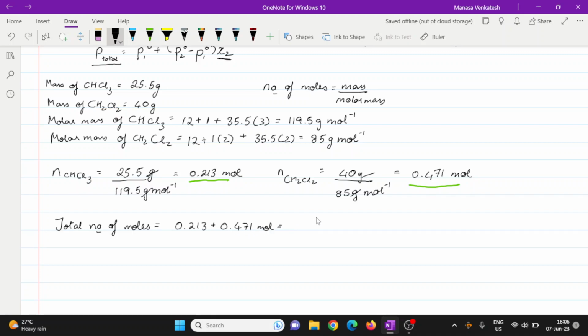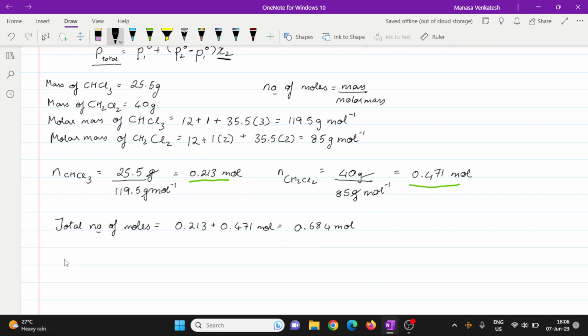And this total is 0.684 moles. Now, this is the total number of moles in the solution. From here, we can calculate the mole fraction. Honestly, you just need one of them, but I'm going to be showing you a calculation of both of them, and you can use just one of them to calculate the value of P total. You can use either as long as you apply the equation correctly.